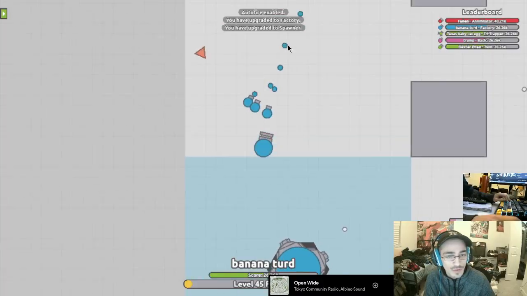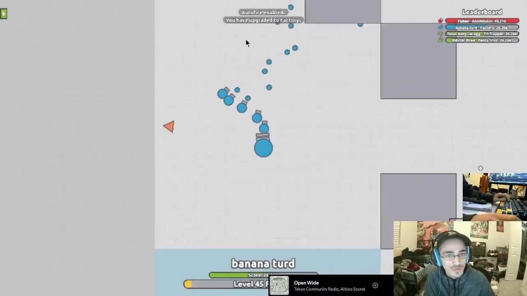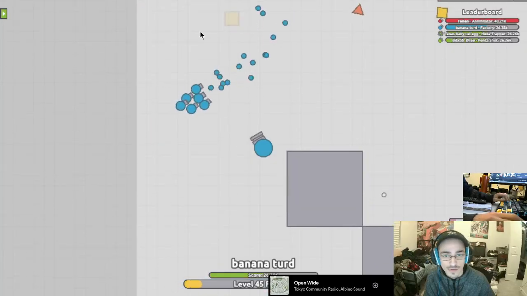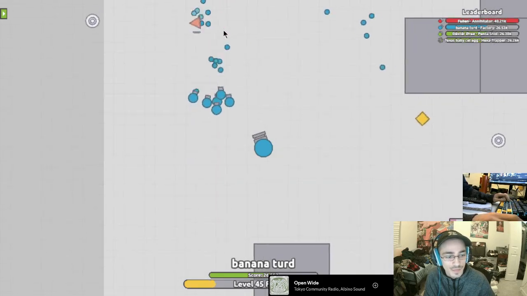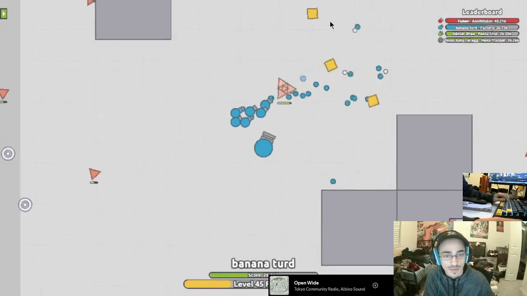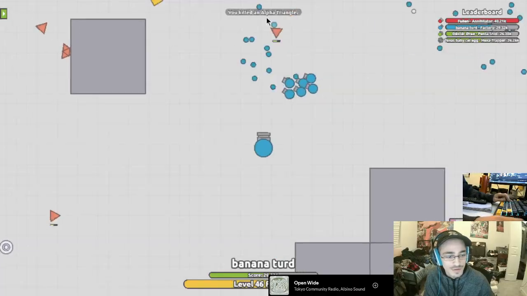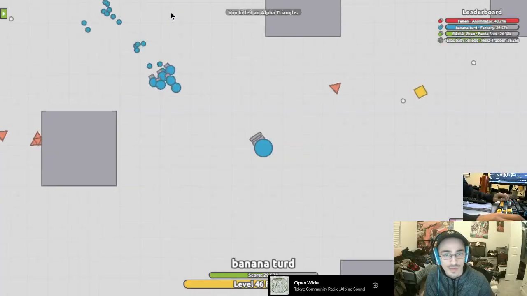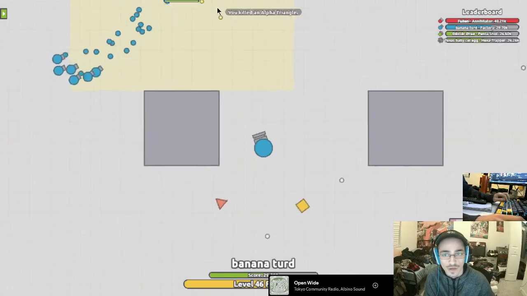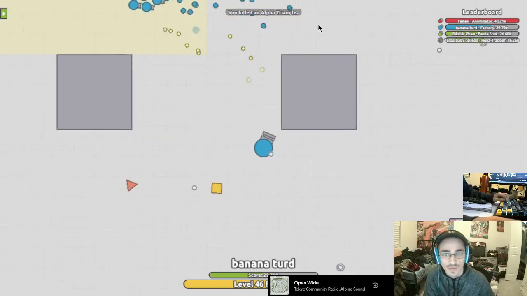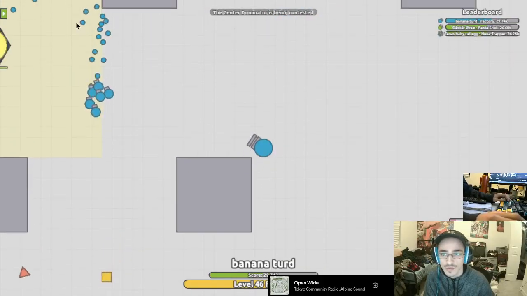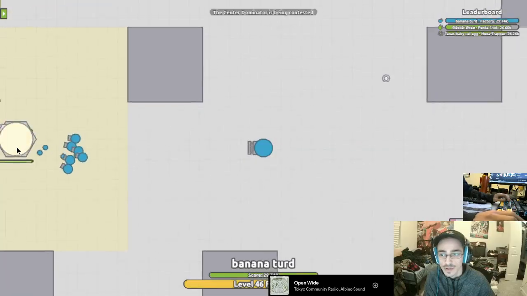The factory probably will allow me to take the gunner Dominator, just like how the strategy works. Alright, so I'm gonna hide behind here. Or not. Okay, I'm not gonna hide behind there, that's too far. I gotta go probably like here.